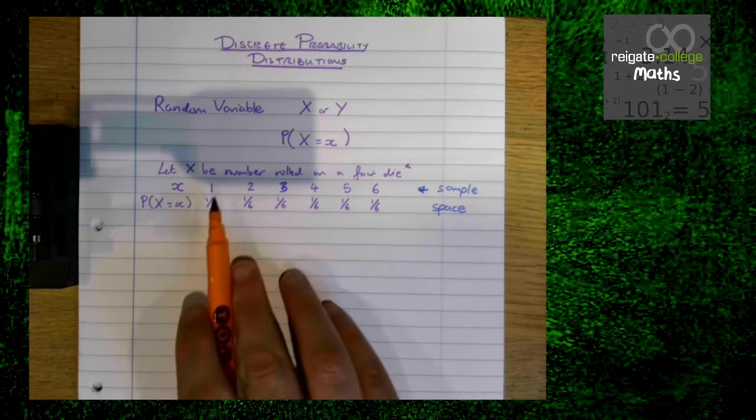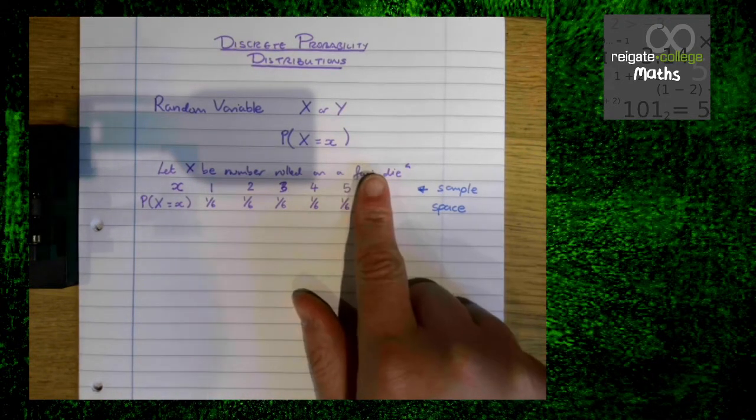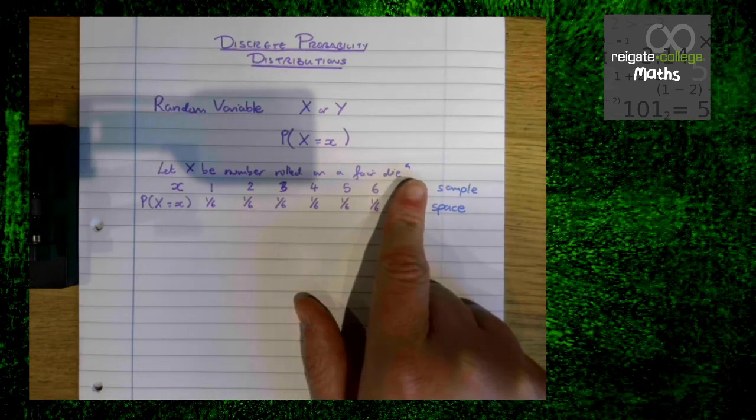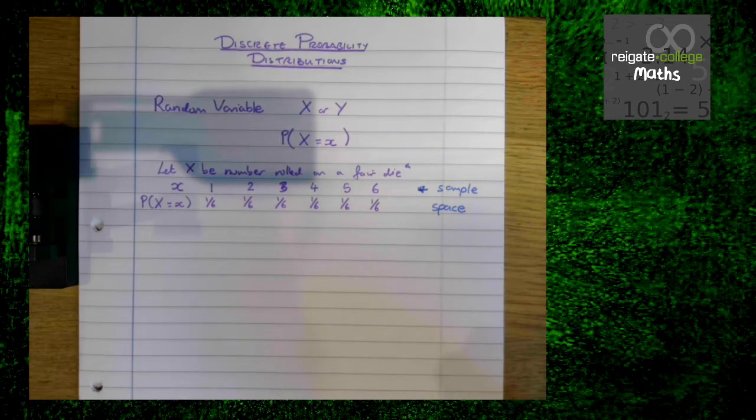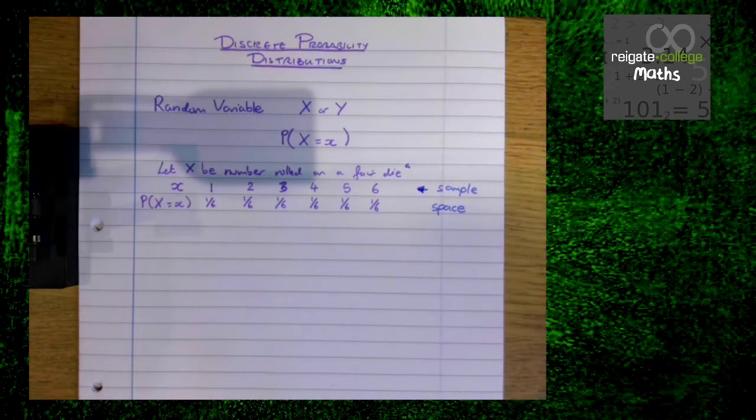It has to be all of them, so if we just labelled 1 through to 5, that wouldn't be the sample space because we're ignoring the possibility that we could roll a 6. So that's kind of a core concept of this. It's something that you're not going to have to worry about tremendously, but it's an important idea for probability distributions.